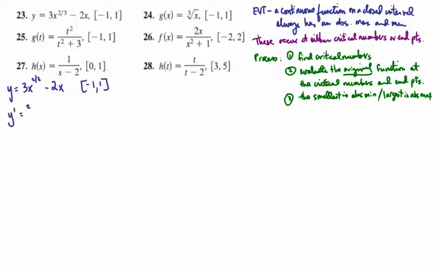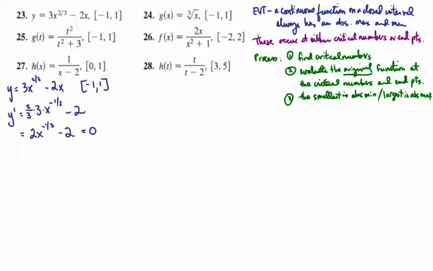We'll use the power rule here, bring down the 2/3, multiply times 3, x to the subtract 1 will give us -1/3, and the derivative of 2x is 2, so minus 2. We'll just simplify that a little bit. 2/3 times 3 is just 2x to the -1/3 minus 2. Ready to set that equal to 0.